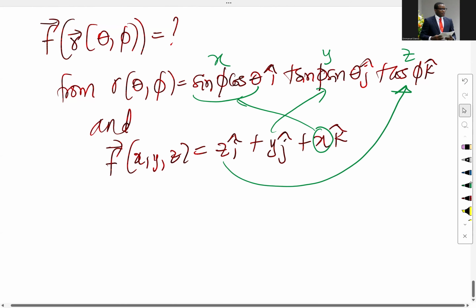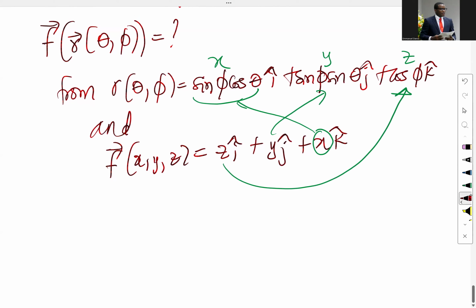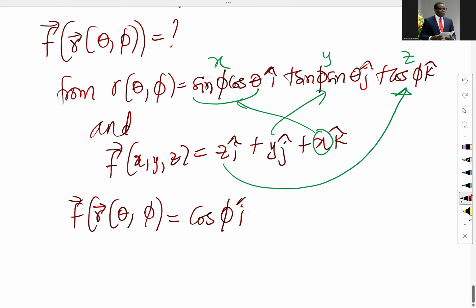So in that case, we can say that F of r of theta, phi is equal to cos phi i, okay? Because z is a z component. So cos phi i plus y, that remains.